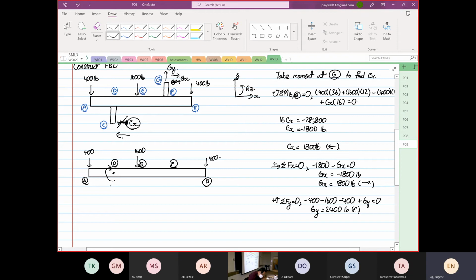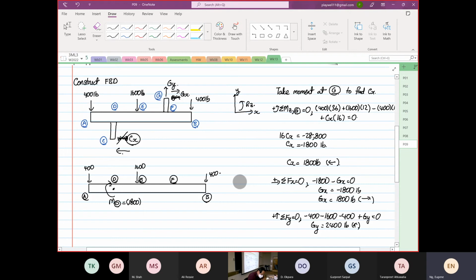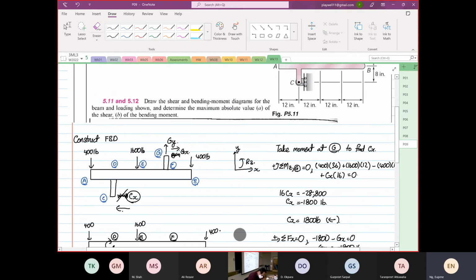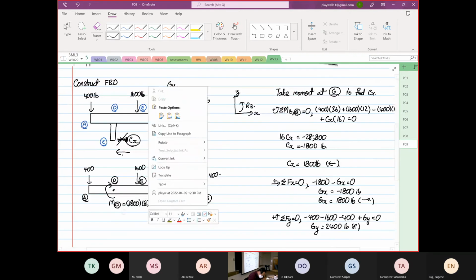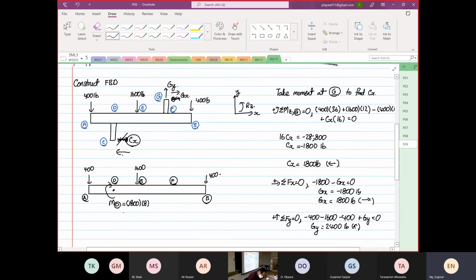And this moment at point D will be equal to 1800 multiplied by a certain distance which is equal to 8. So this will be equal to 1800 multiplied by 8, which is equal to 14400. Does this make sense now? Yes or no? Yes, it does.